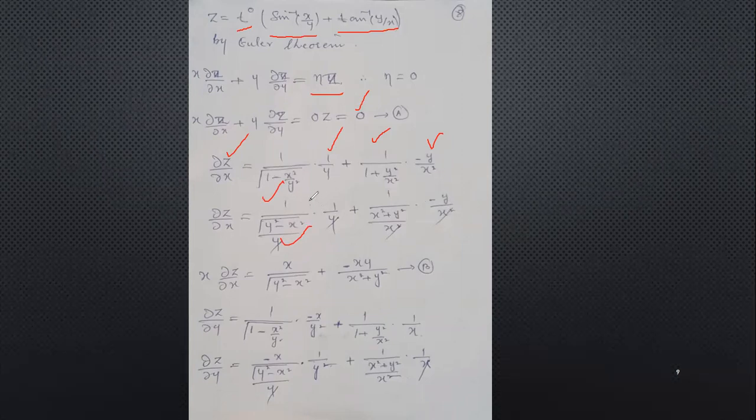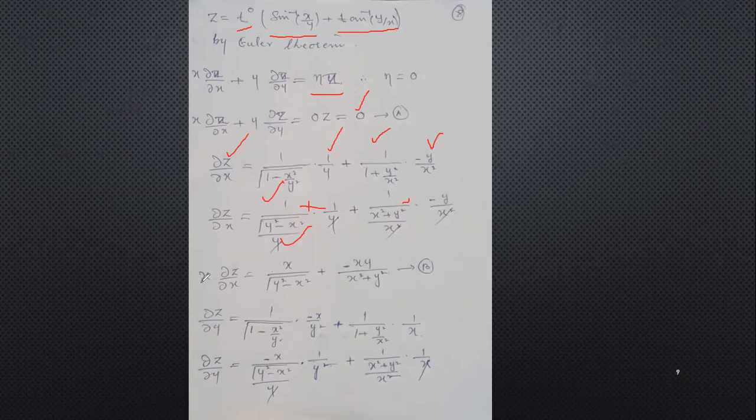Now if I convert this division into multiplication, then y I will get in the numerator. So numerator y, denominator y cancel. Numerator x square, denominator y square. Here the same: if I convert this division into multiplication, then x square I will get in the numerator.